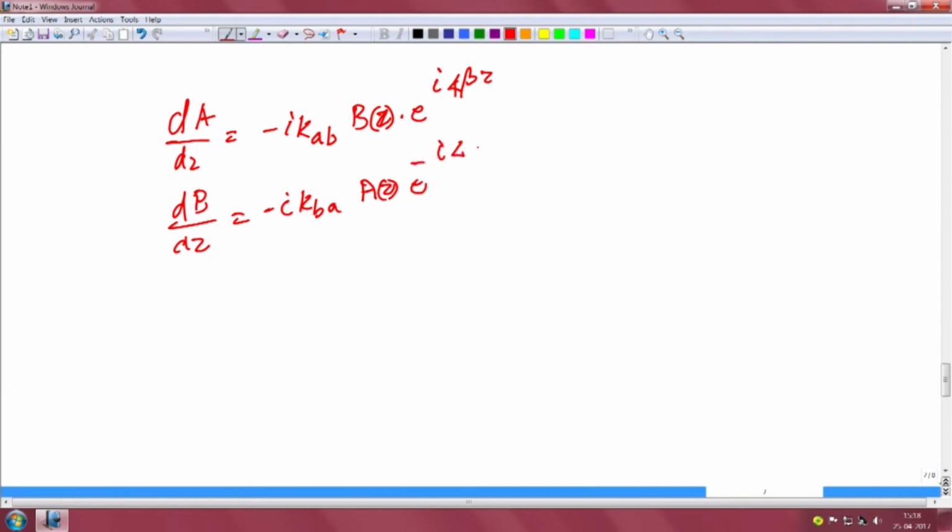One is plus and one is minus, whichever way you define the delta beta. So, these are called the coupled mode equations.